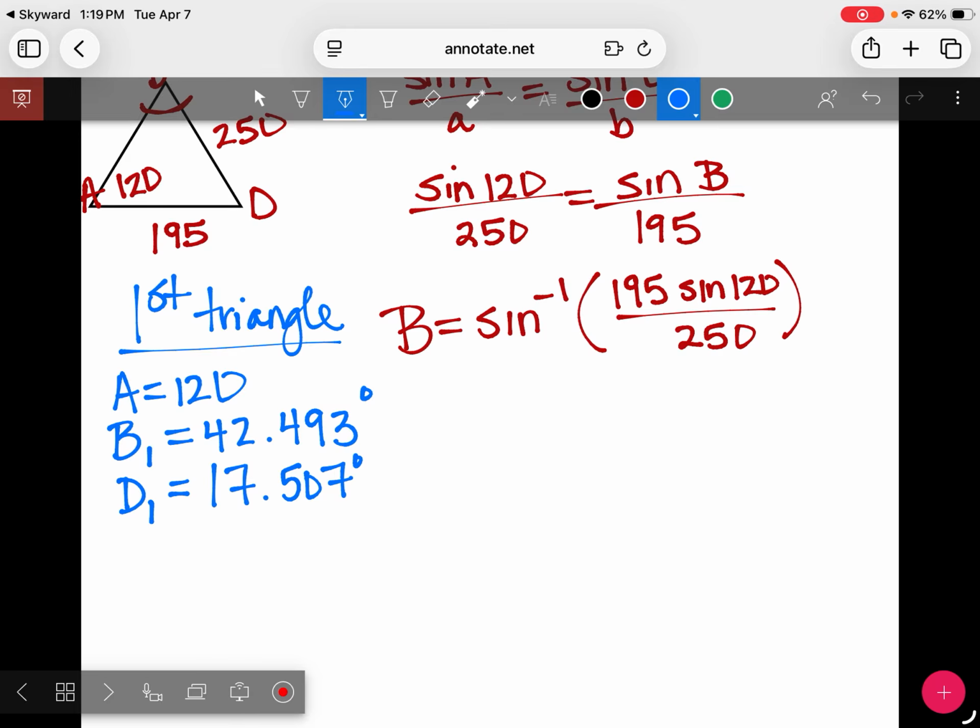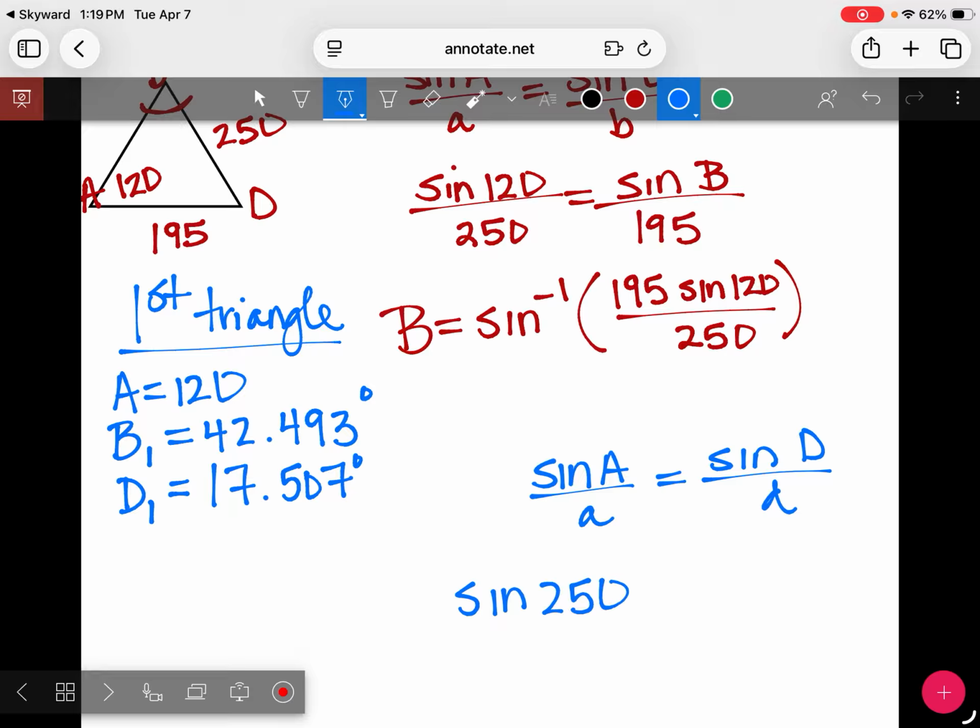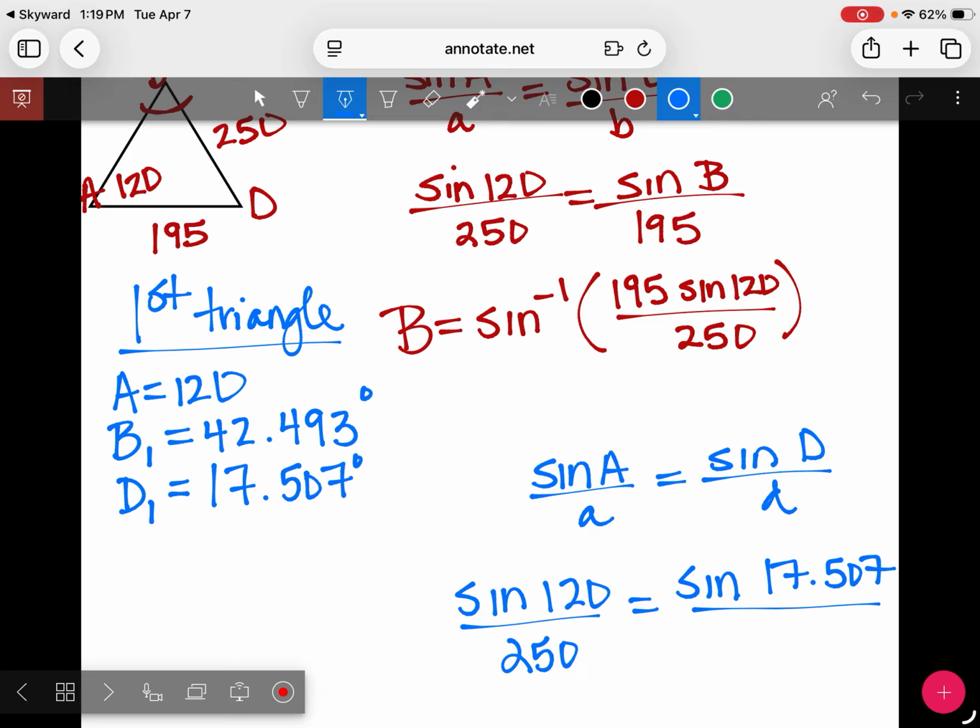So now we need to find little d. I'm going to take sine of big A over little a and set that equal to the sine of capital D over little d. So that would be the sine of 120 over 250 equal to the sine of 17.507 over little d.